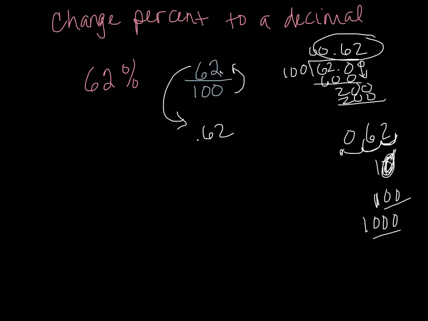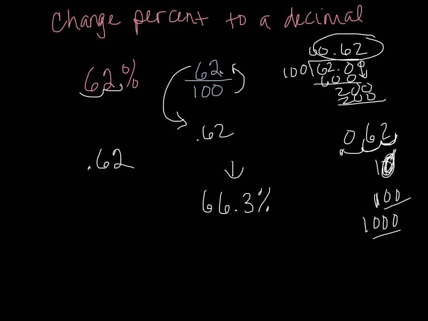62% is 0.62. Move that decimal that you can't see here because it's hiding in the shadows, 2 spots and 2 spots only to the left because I'm dividing by 100 because it's 62 out of 100. What if it's 66.3%? Write this one down actually because this one is on your closure.